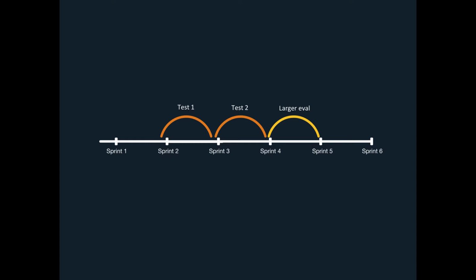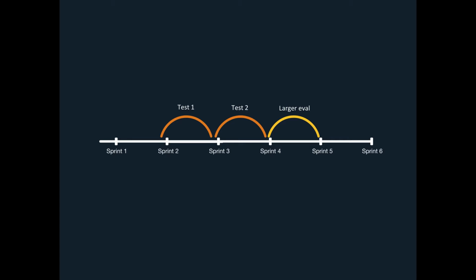And this method is quite common in Lean UX, which might be a harder sell to companies. What is commonly referred to in a more enterprise environment is, I think, rapid iterative testing and evaluation, right? In short, that's how they tend to use it.